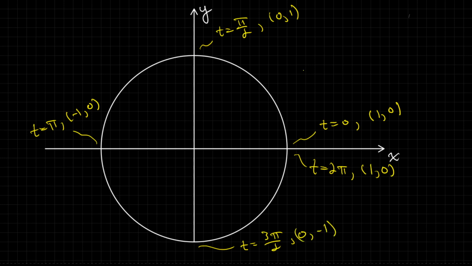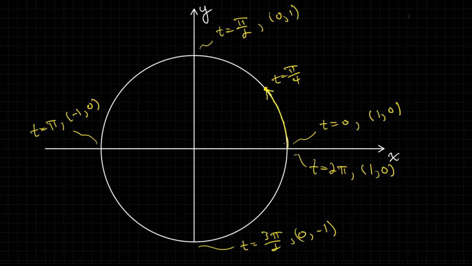Now there are a few important angles in the first quadrant that you will need to commit their terminal points to memory. So halfway between 0 and pi over 2 lies t equals pi over 4. Remember what that means.